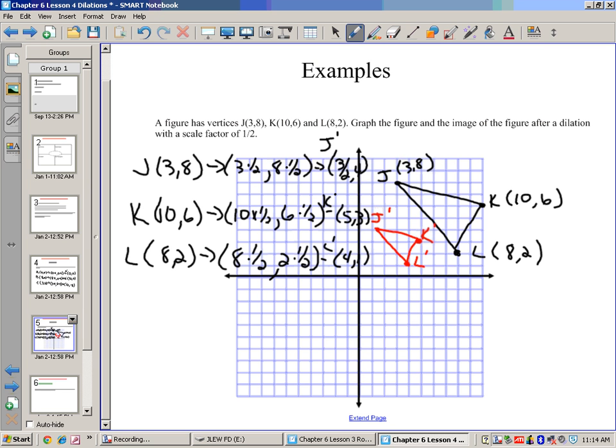And there is our new image. Now to see if you did it right, you can always take a line from the origin, and you should be able to go through your new point straight through your old points. Let's pretend those are straight. And that's how we do dilation with the scale factor of half.